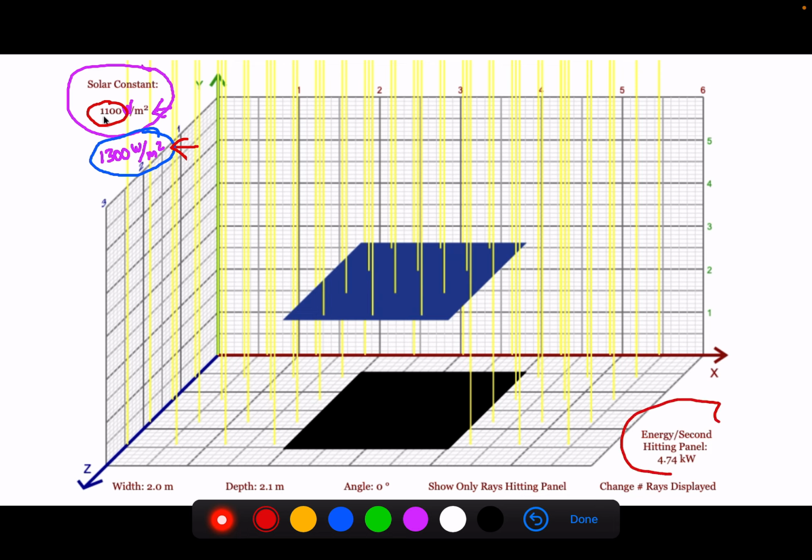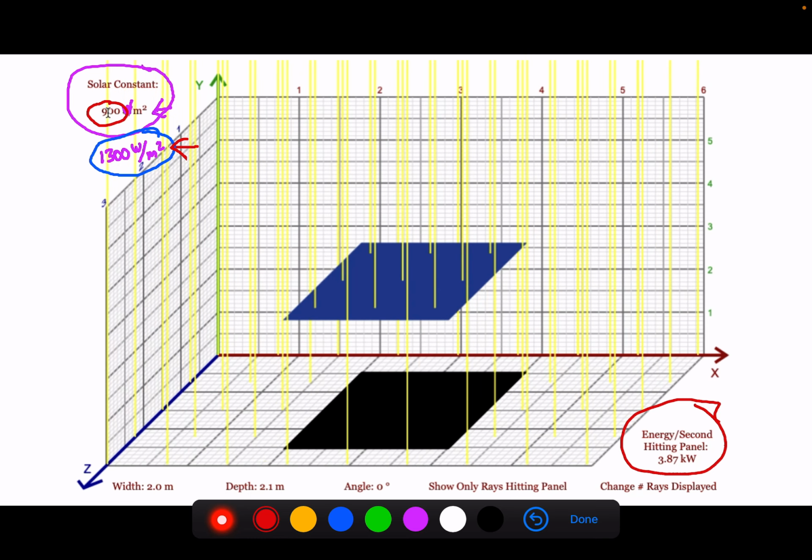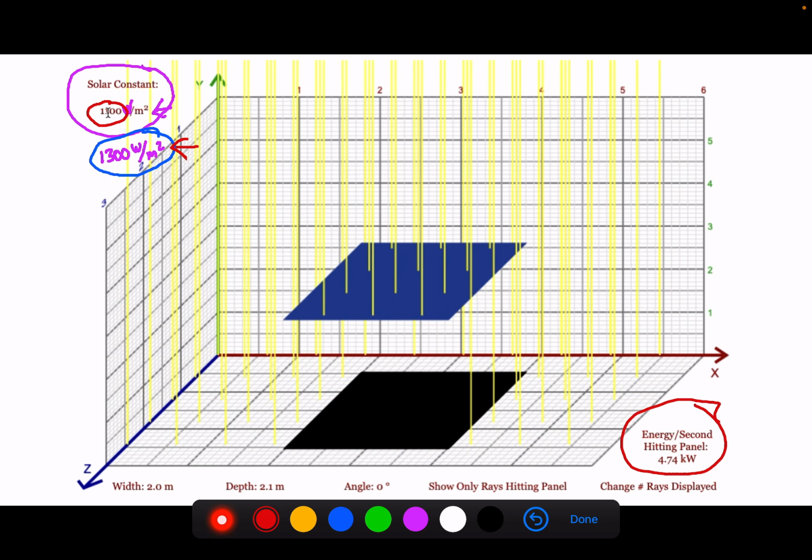Okay, again, if we watch our flux, we will see that when we make a change to the solar constant, we change the amount of flux. A bigger solar constant will give us a bigger flux. So we have two factors so far.